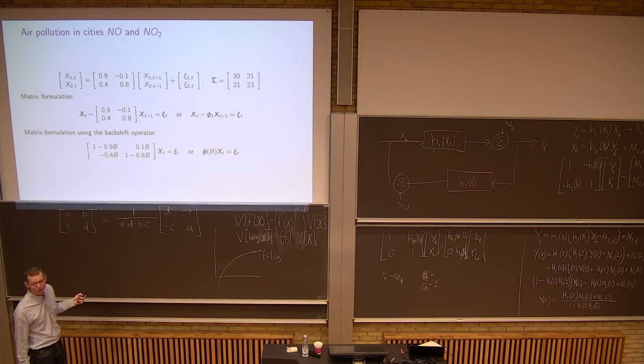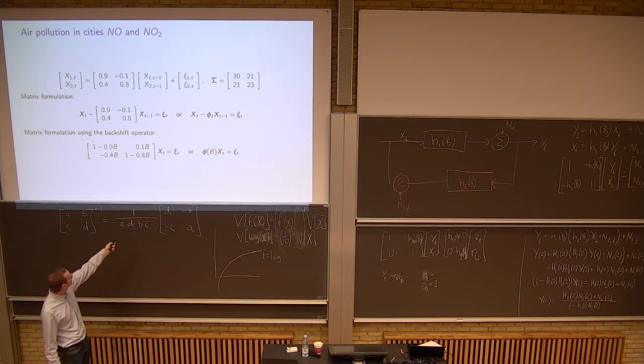You'll just have some zeros. So basically, if x2 is an AR2 process and x1 is an AR1 process, you just need to add something with B to the second power in the lower right-hand corner of this matrix here. Right?